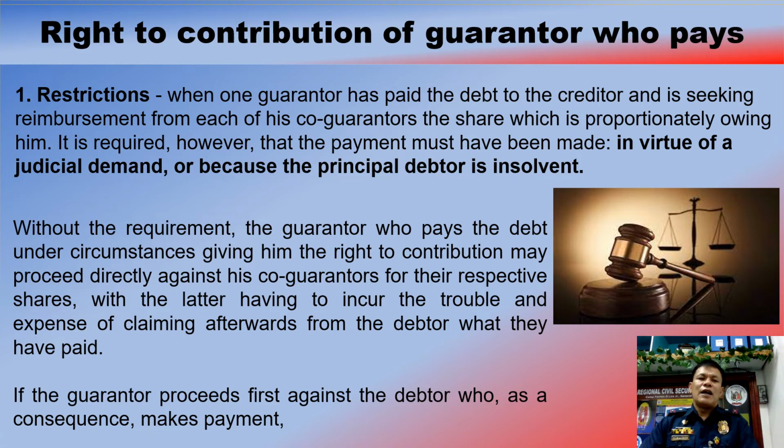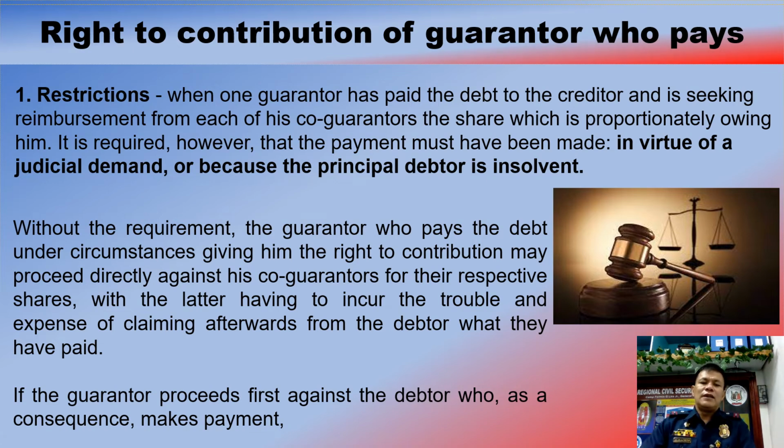It is required, however, that the payment must have been made in virtue of judicial demand or because the principal debtor is insolvent. Without a requirement, the guarantor who pays the debt under circumstances giving him the right to contribution may proceed directly against his co-guarantors for their respective shares, with the latter having to incur the trouble and expense of claiming afterwards from the debtor what they have paid.